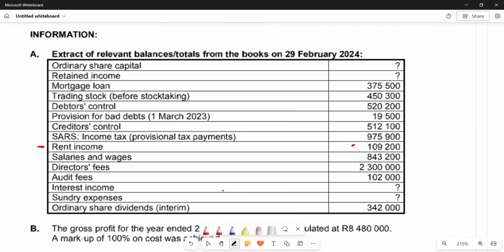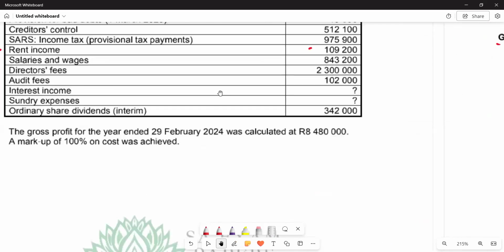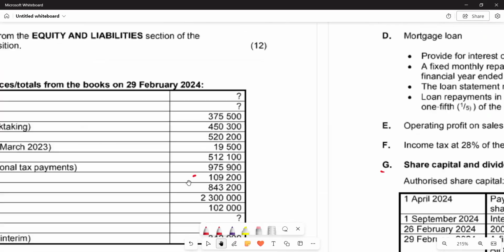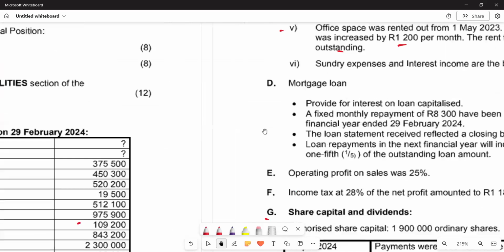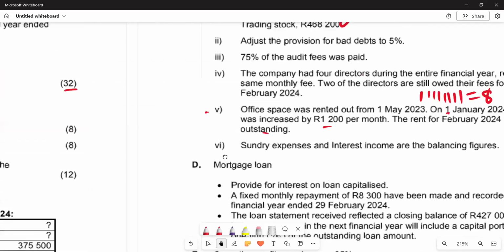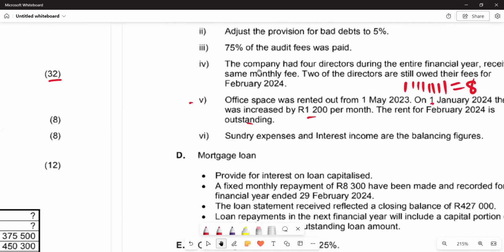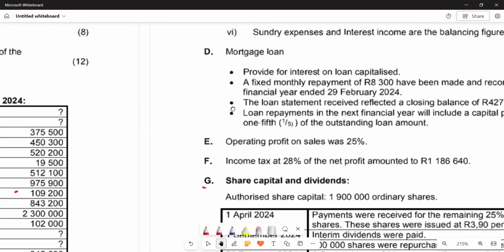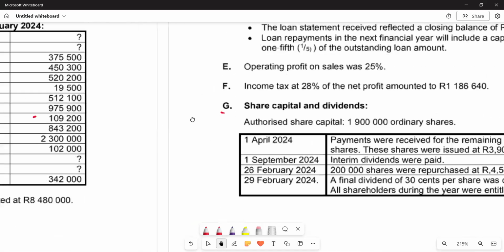We can see that we have salaries and wages here, and it has a figure of 843,200. So we can check additional information if you've got anything that is affecting our salaries and wages in terms of prepayments, accruals. So we can go down checking. We see that we have got nothing.